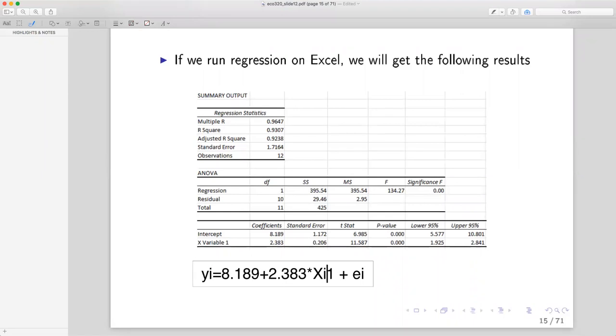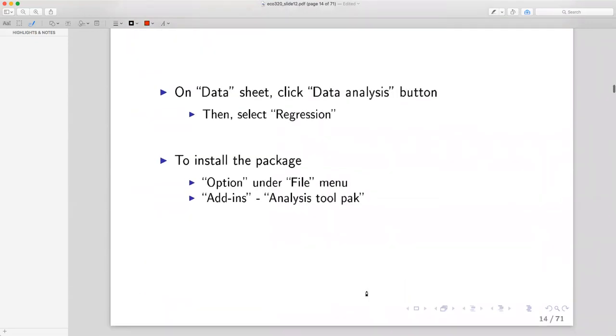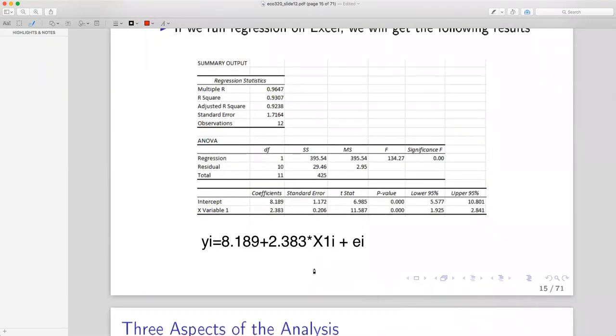These are basically the linear regression forms.